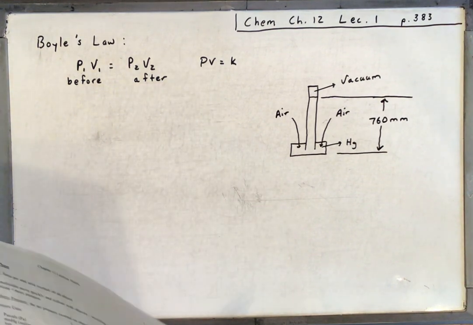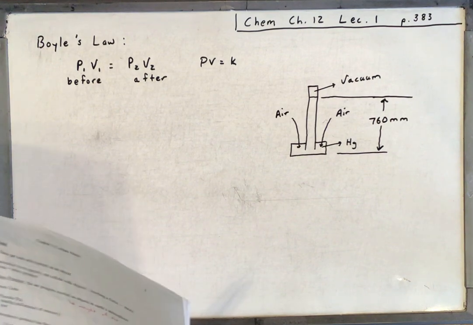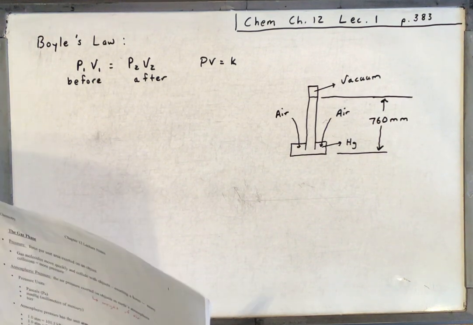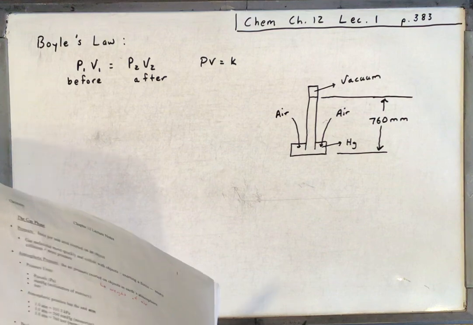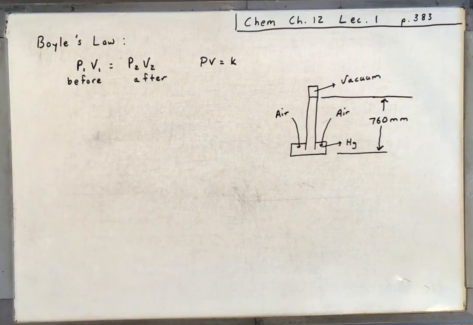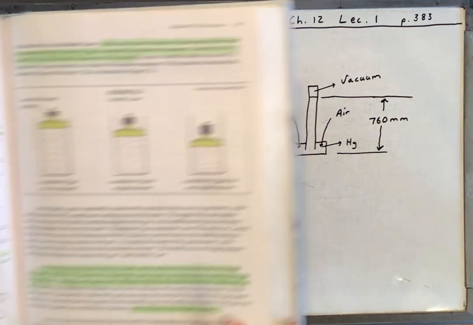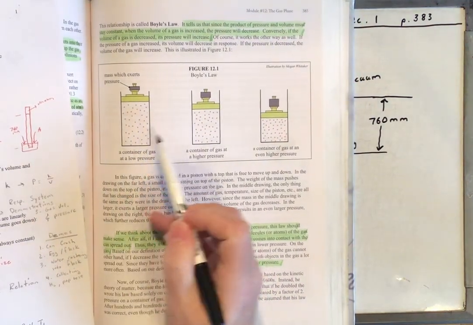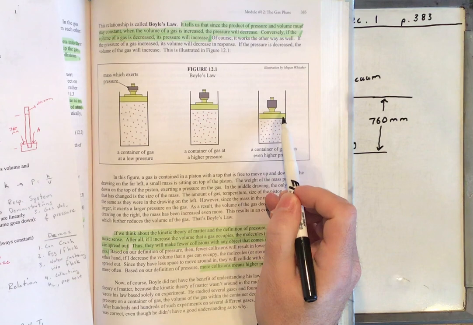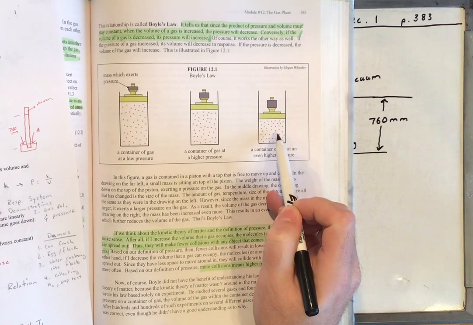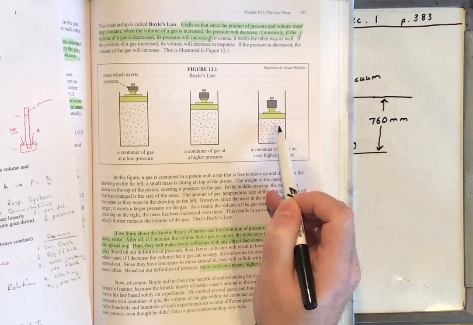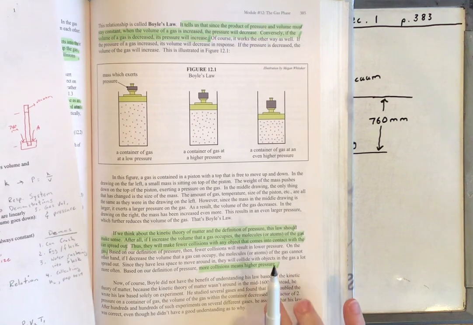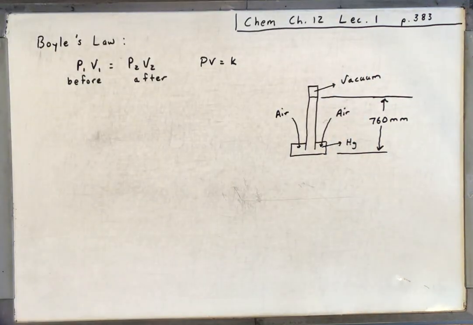You can look in your book at the famous Boyle's law demonstration on page 385. It shows a container and how if we take the volume of the container and reduce it, then you're going to increase pressure because you would have more collisions.